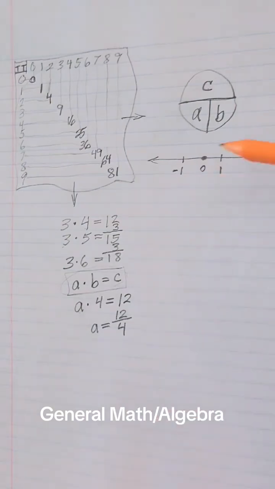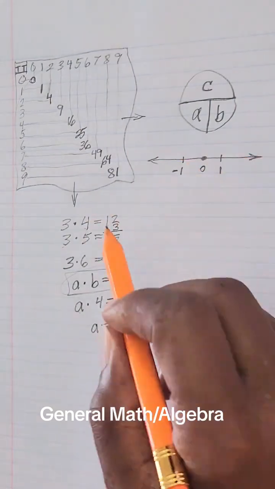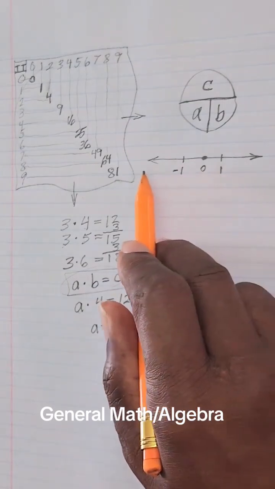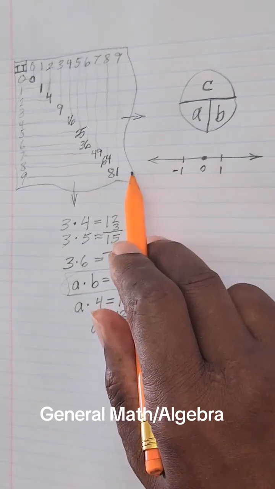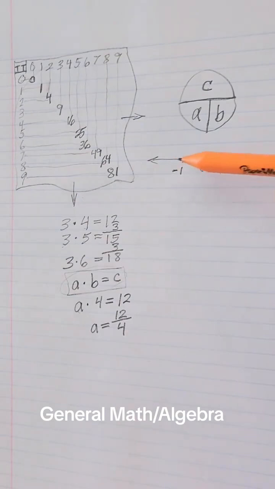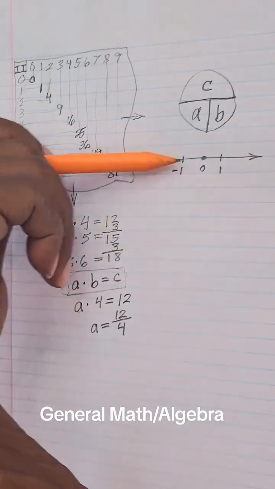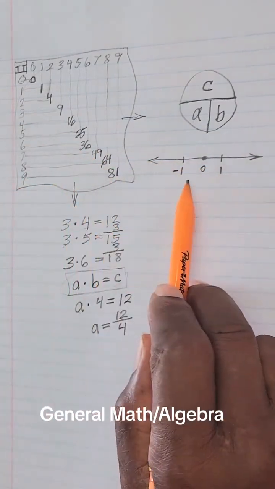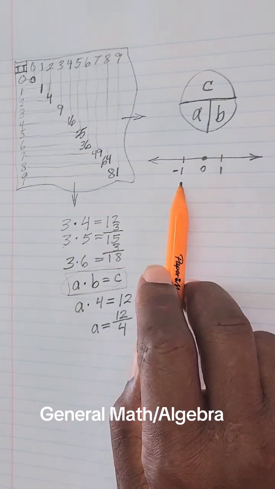If you go in this direction, that's also adding. 1, 2, 3, 4, 5, etc. But it's negative to tell you which direction to go in. Positive to tell you to go in this direction. That's all it is. But all we're doing in math is adding.